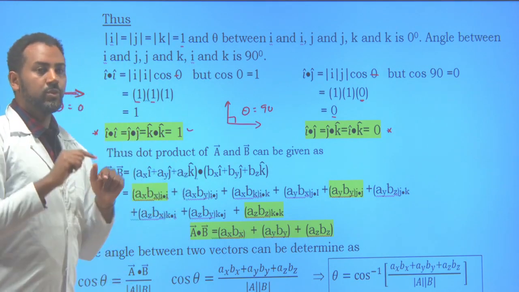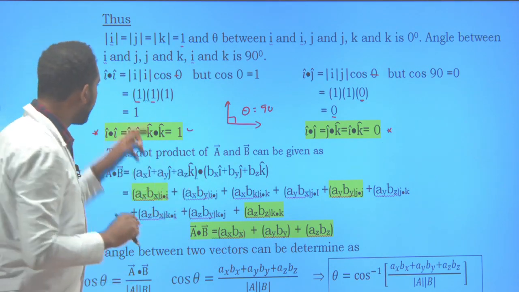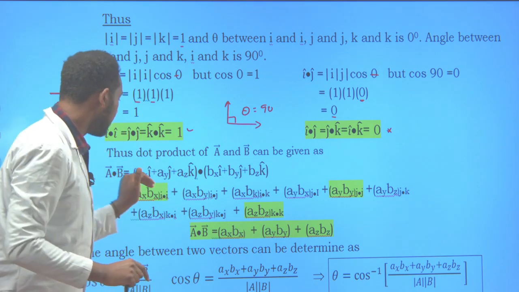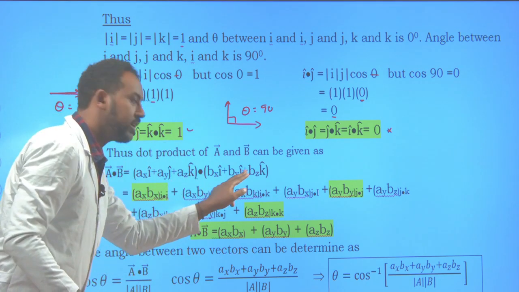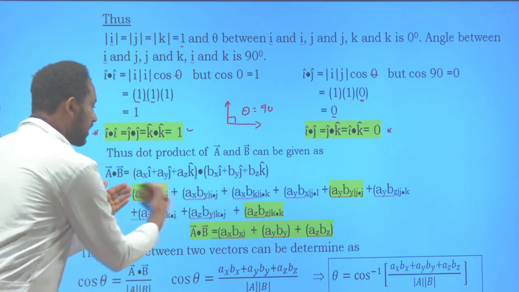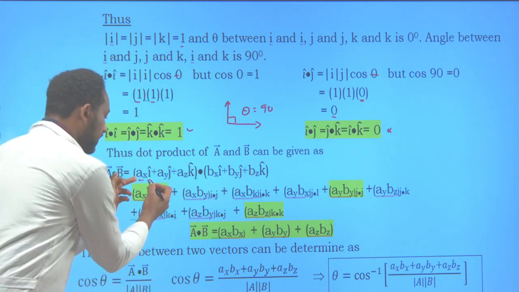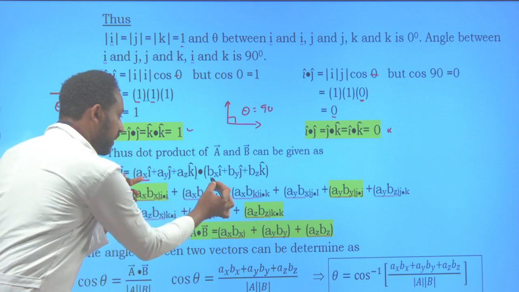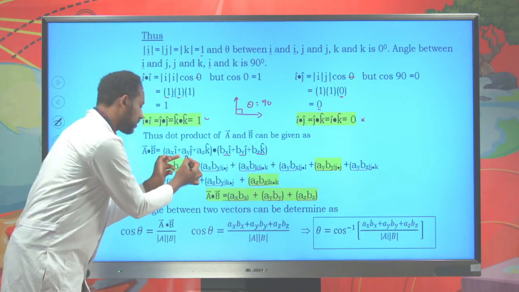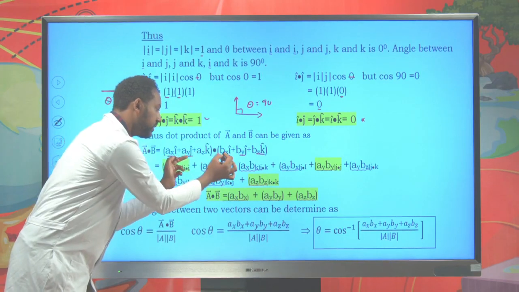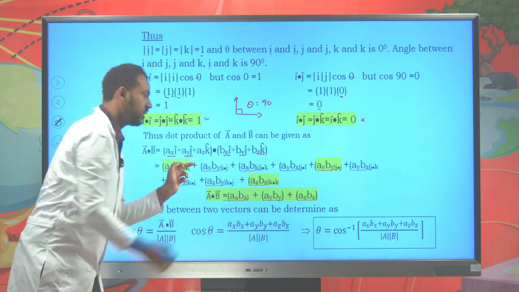Then let's try to find the dot product of two vectors. Previously we know A: Ax i, Ay j, Az k, dotted with B: Bx i, By j, Bz k. Let's try to multiply these two. Ax i can be dotted with Bx i, By j, and Bz k. The same is true for Ay j, which can be dotted with Bx i, By j, Bz k.